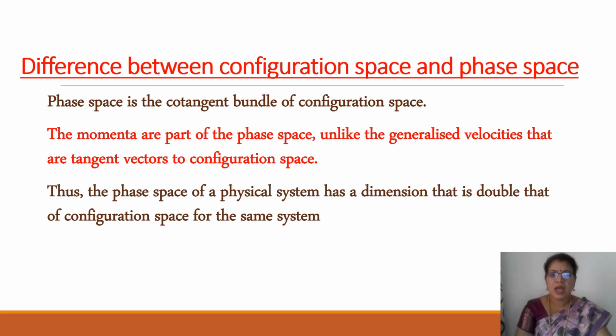So the momenta are part of the phase space, unlike the generalized velocities, which were the tangent vectors to configuration space. So phase space will have a dimension which is double that of the configuration space for any system. So if it is a 3n dimensional system, we will have a 6n dimensional phase space.